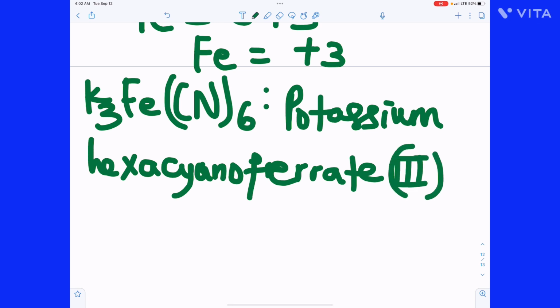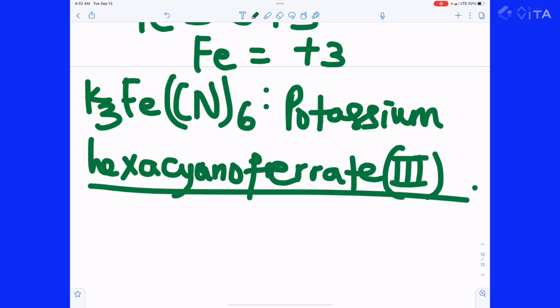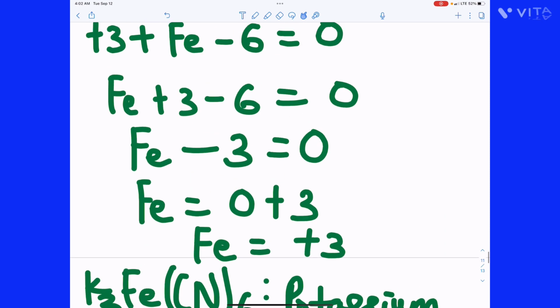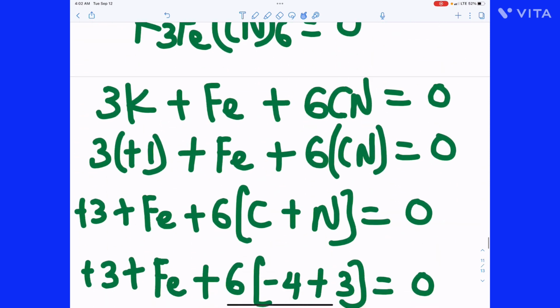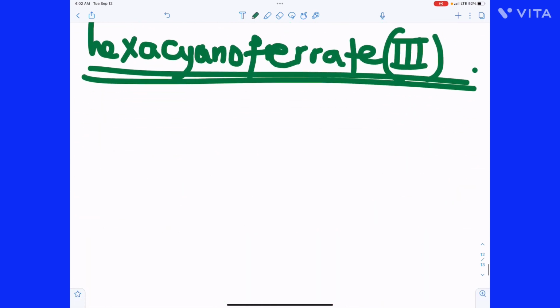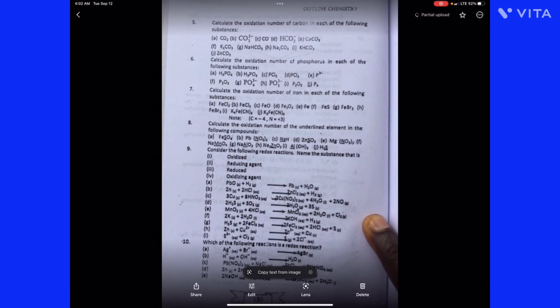In this compound, the ferrate ion is charged 3 plus. So we call the compound potassium hexacyanoferrate(III). So J. That's all for number 7.